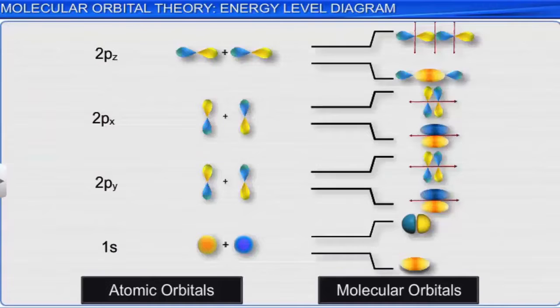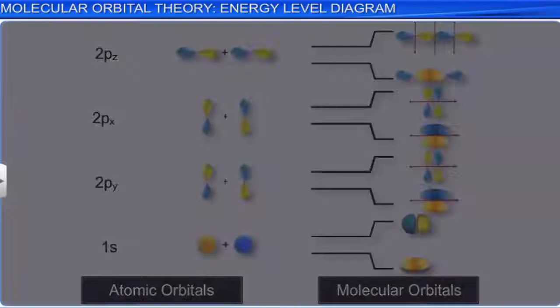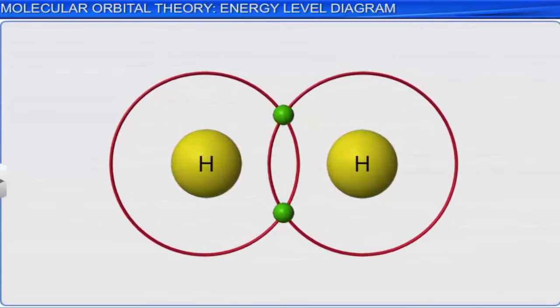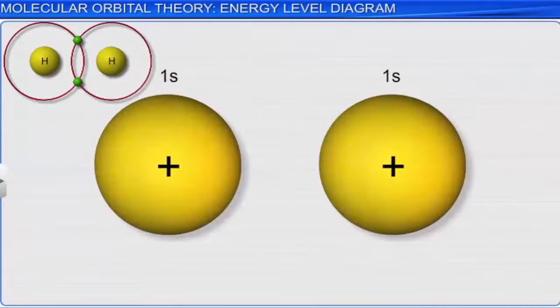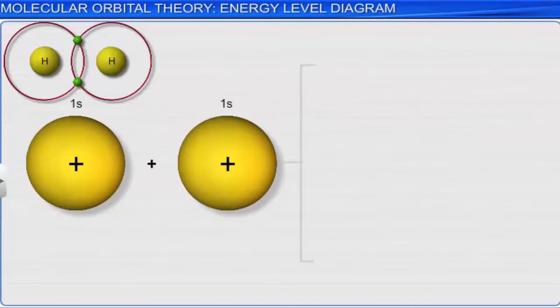As we have learnt, molecular orbitals are obtained by combining the atomic orbitals of the atoms in a molecule. For example, in the hydrogen molecule, each atom has one electron in its 1s orbital. These two 1s orbitals come together to form two molecular orbitals.